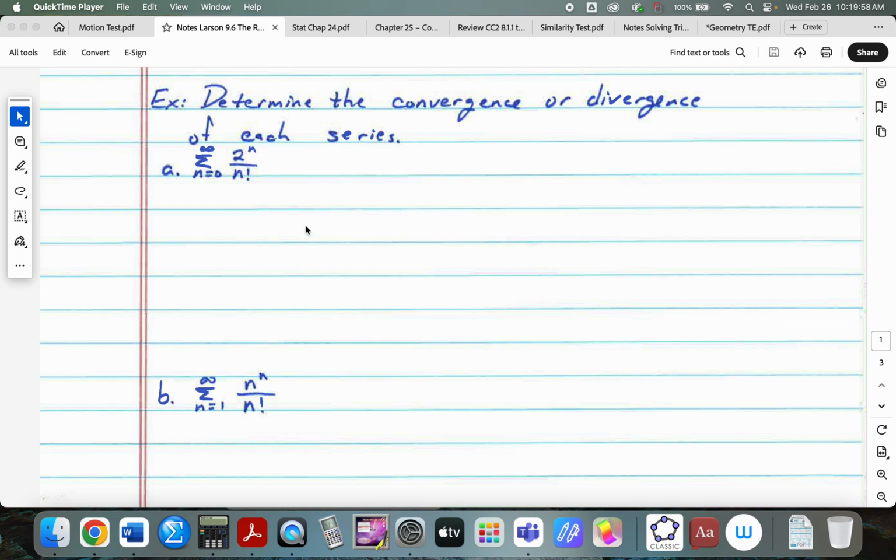As we looked at, I believe it was yesterday, factorials get big faster than even exponential functions do. So this is going to go to 0 as n goes to infinity. So you're like, great, it got past the nth term test. It's not obviously divergent, but we will do the ratio test on this.